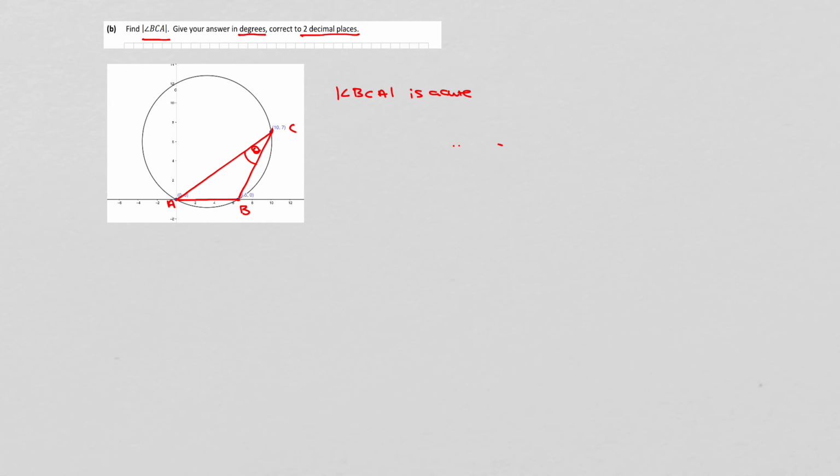Okay, so what I'm going to do is find A to C's slope, and find B to C's slope, and I'm going to use the angle between two lines, which is tan theta is equal to plus or minus m1 minus m2 over 1 plus m1 m2.